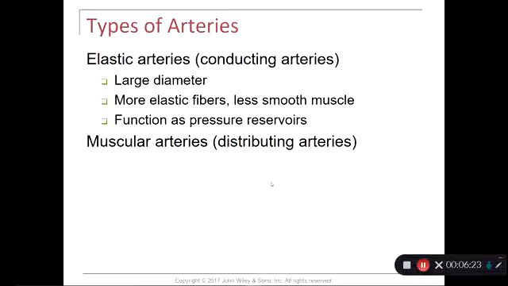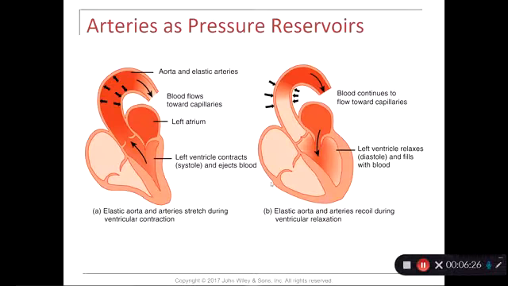And what I mean by a pressure reservoir is that when the heart contracts, you've got the ventricle contracting, it pushes, it's not just pushing straight down the tube. That giant flow also pushes on the sides of the tube. And when it does that, it causes that elastic tissue to expand, just like you're pulling on a rubber band.